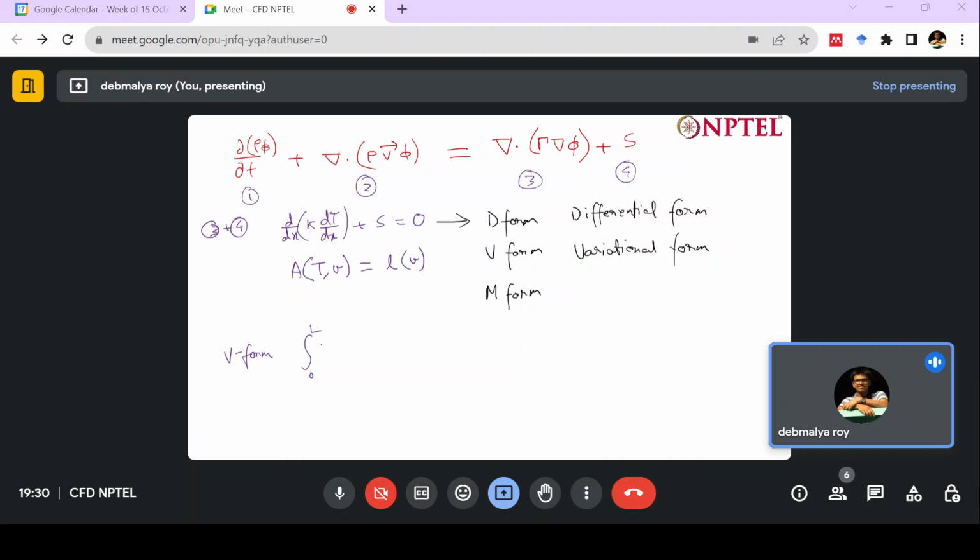Then this is the integral from 0 to L of K dT/dx dv/dx dx, equal to the integral from 0 to L of s v dx, plus there are some boundary terms.